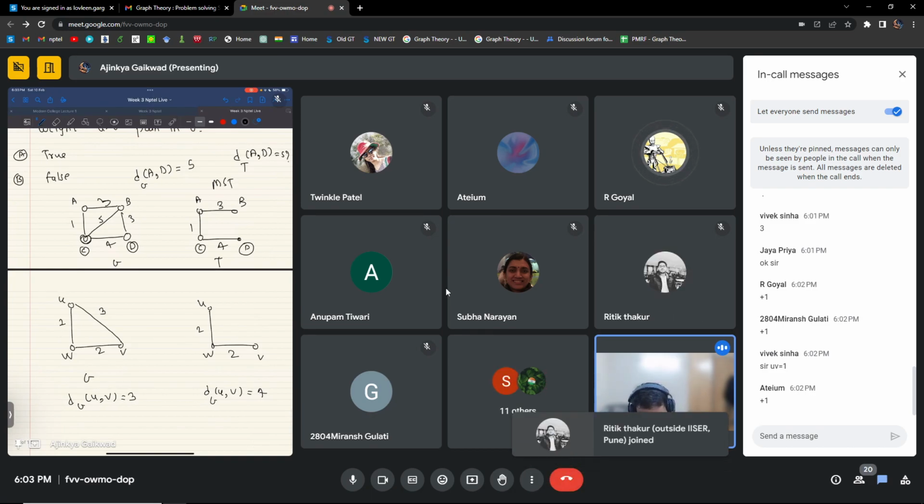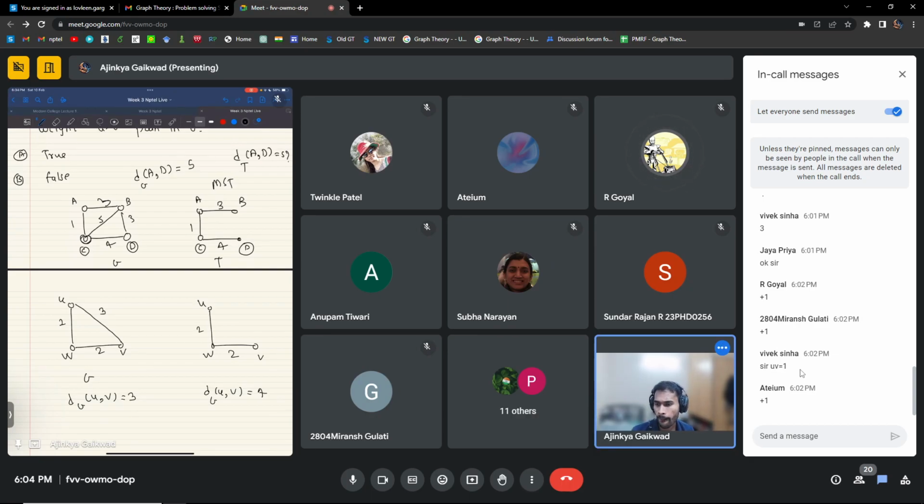I see plus ones. Someone is saying UV is equal to 1. I don't understand the question. The weight of the edge UV is 3, so the shortest path from U to V is of length 3, not 1. Although I'm taking only one edge, I'm talking about a weighted graph.